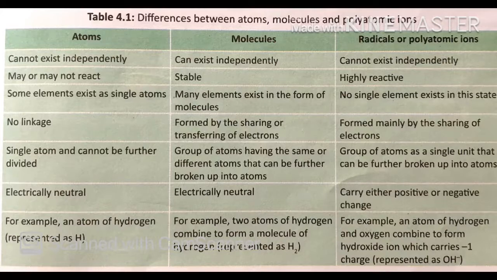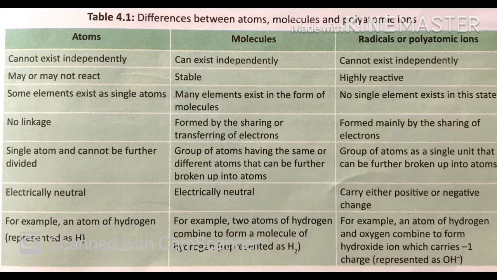So the next point is that a single atom cannot be further divided. It is never possible to break a single atom. A group of atoms, the same or different, in a molecule can be further broken up into atoms, because molecules are made up of atoms. When we break the molecule, it will form atoms.